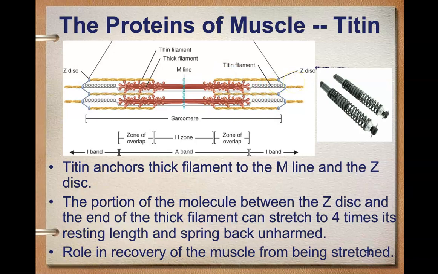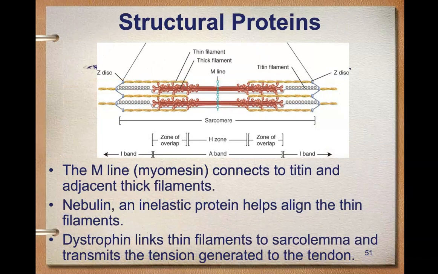Spring back to its original state when that muscle relaxes. So titin is a really important protein, kind of the titan of proteins. Haha, my horrible pun there for you, but it really is the titan of proteins in terms of the proteins in the sarcomere.